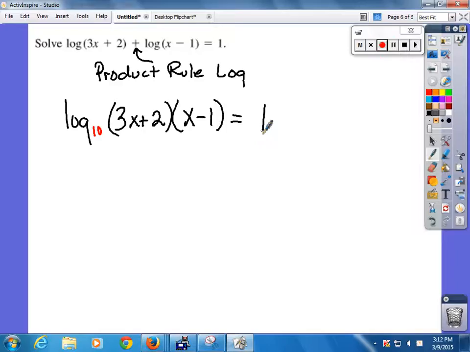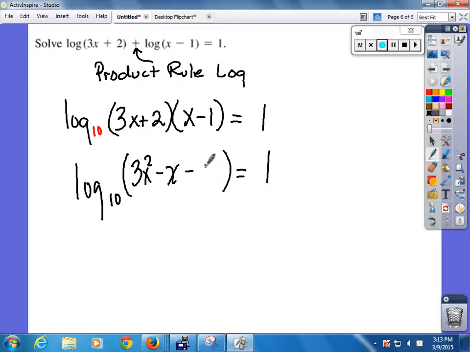But that ain't a log of a number, that's a log of a variable. You can't, but you can use your FOIL method. That's still just going to give you a bigger variable than you had put up there, but 3x squared minus x minus 2.